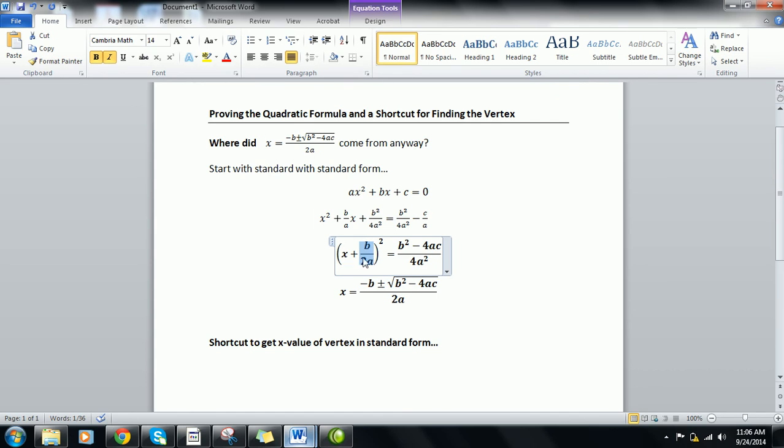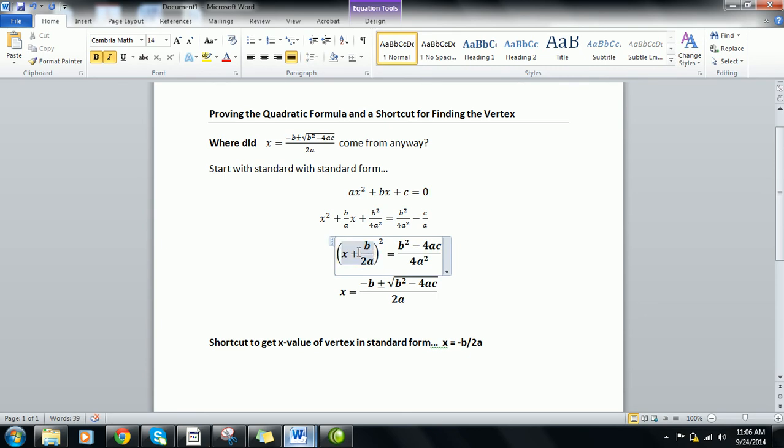If it were x plus the quantity b over 2a, squared, then the x value of your vertex will be negative b over 2a. Essentially, because of this step right here, if this were a function y, some of this stuff would change on the right, but what won't change on the left is that piece here.